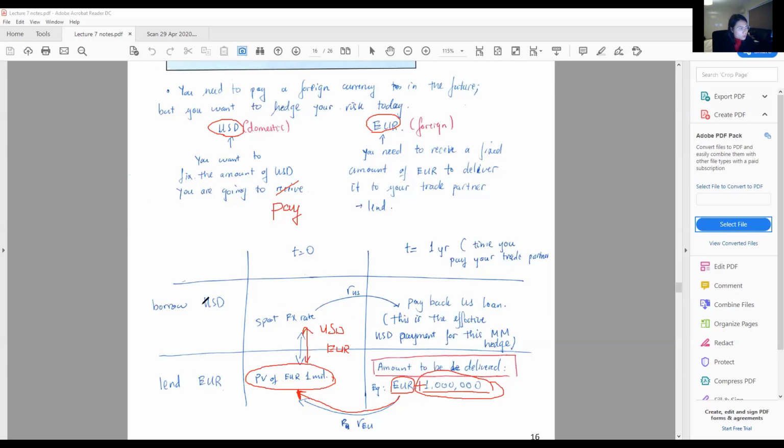I'm going to have to borrow the USD in the US, okay? So if I borrow the USD here at time zero, I'm going to borrow it for a maturity of 1 year, so that in 1 year's time, I'm going to have to pay back my loan, okay? So how much do I have to pay? I'm going to have to pay back the future value of whatever I borrow as of the current time.